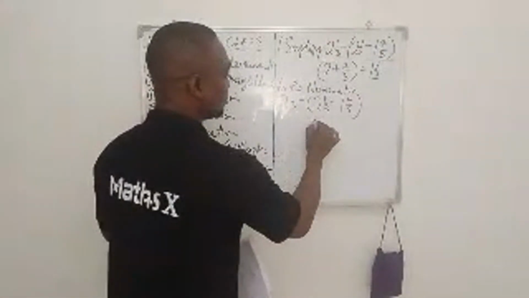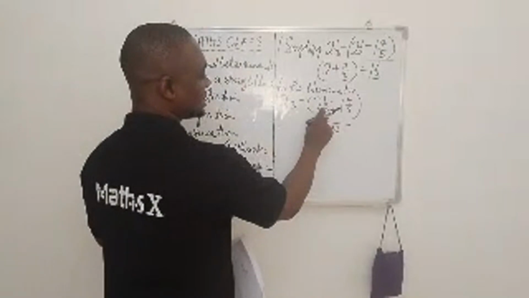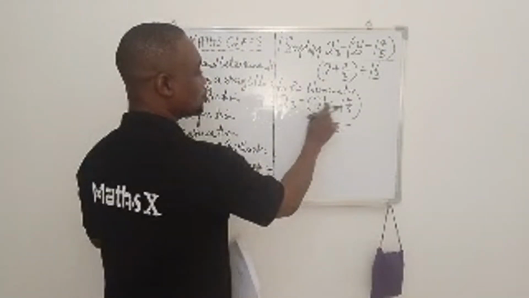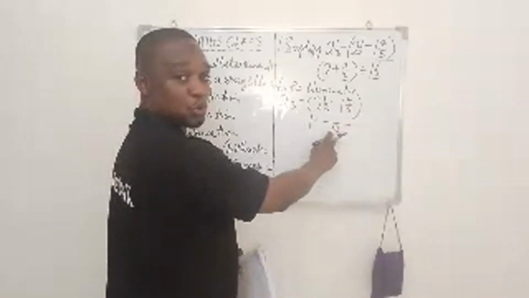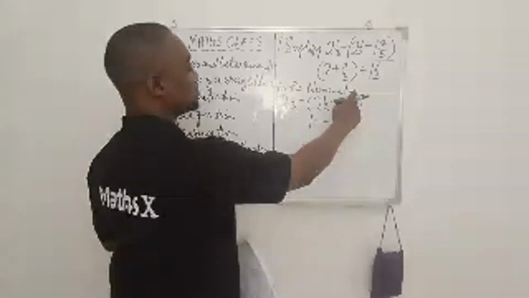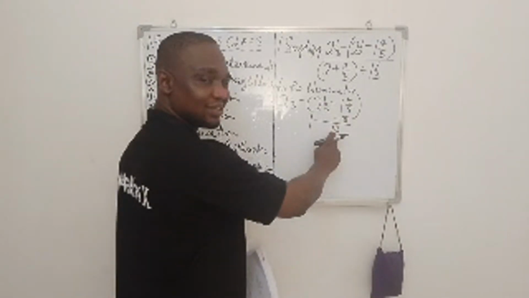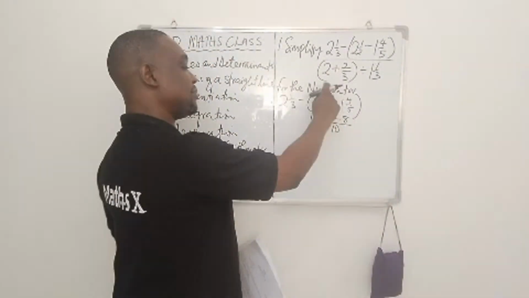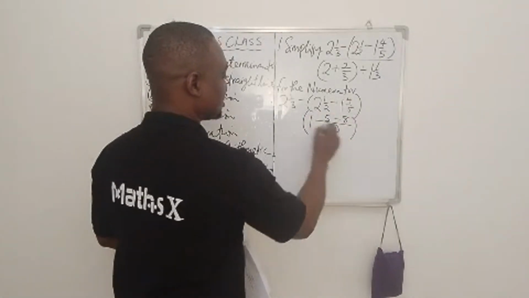There's a common LCM here, which is 10, the LCM of 2 and 5. 5 into 10 is 2, times 4 is 8. Minus 2 into 10 is 5, times 1, that is your 5. Still put it under bracket.